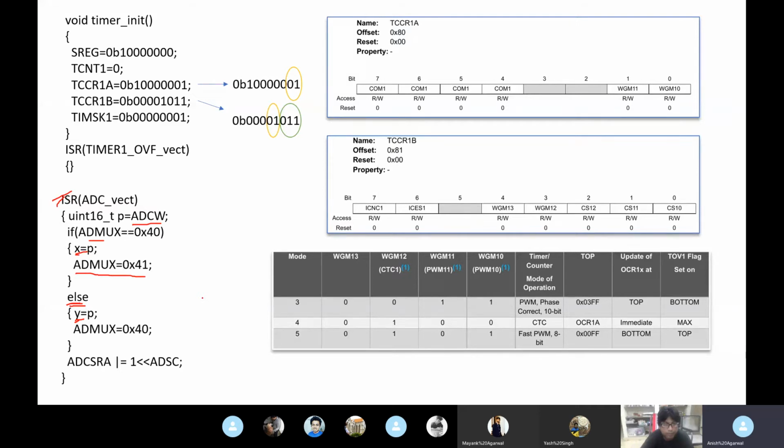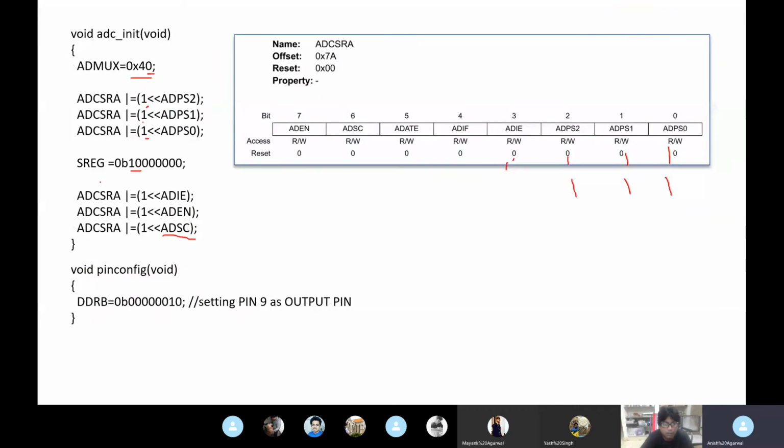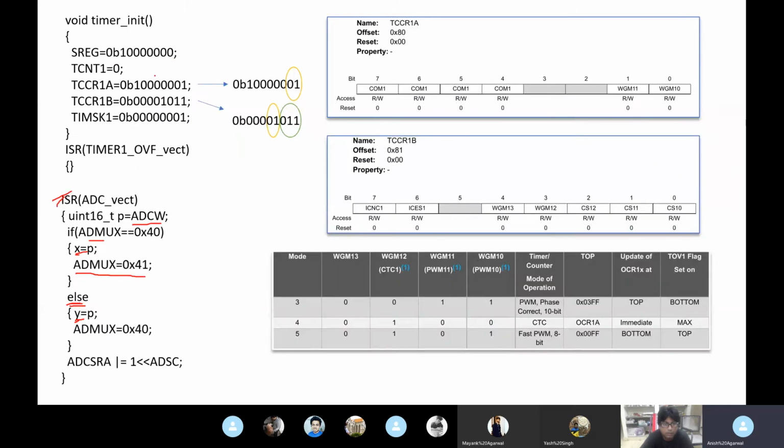Here first you are initializing. You go to the ADC initialization. Yes, sir. Here first you are initializing 40. That means channel 1? Channel 0. 40 I have to say, at 0. So you come down again. Yes, sir.